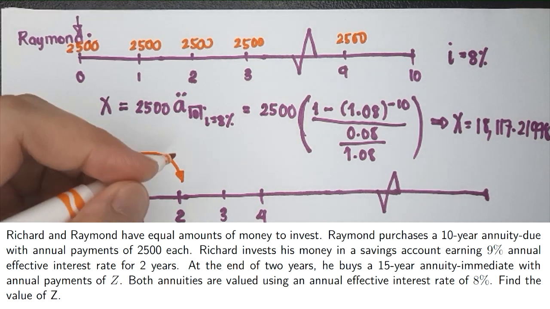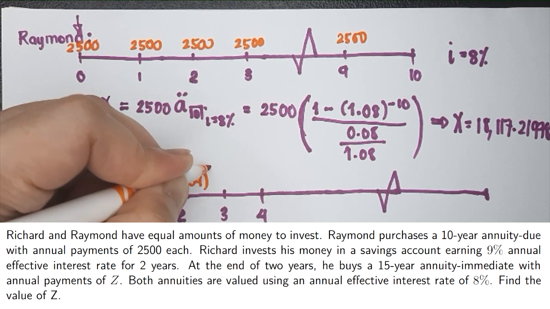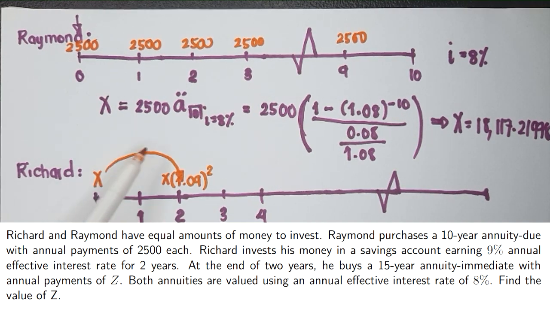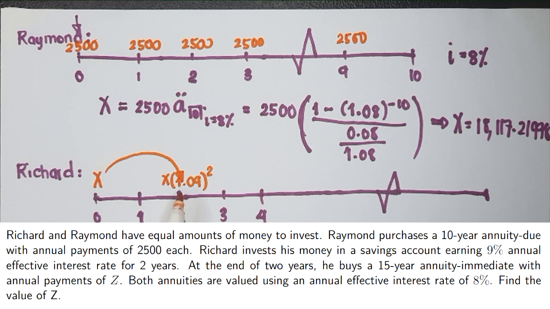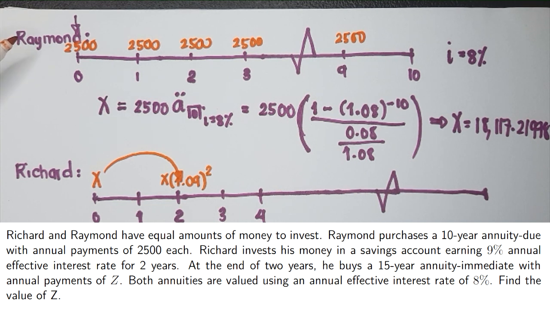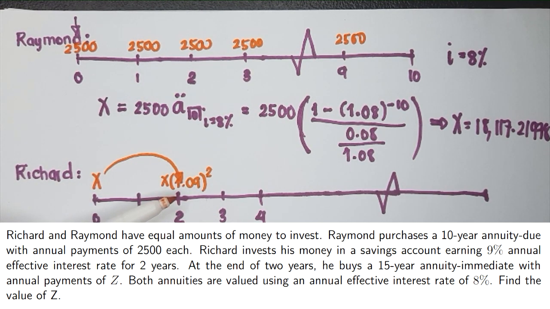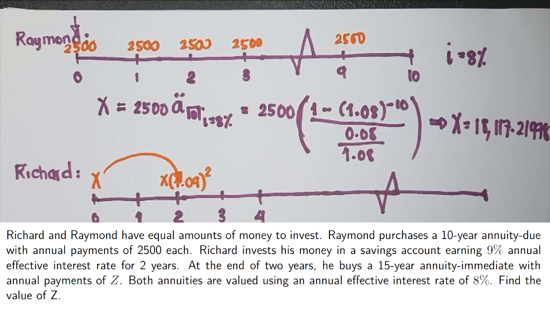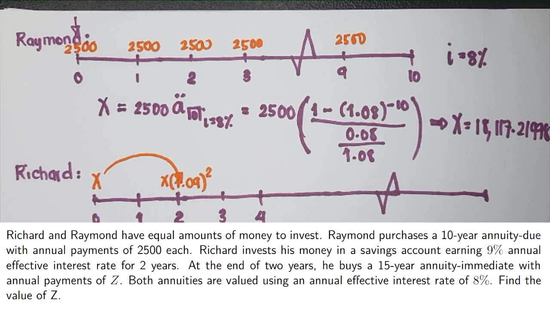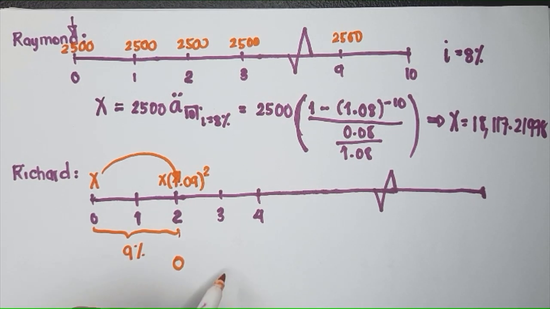To what amount? Let me write here: X times 1.09 squared. Right? Compounding. And then what did he do with this money? He used it to buy a 15-year annuity immediate with annual payments of Z. So while Raymond bought the annuity due right away at time 0 with payments of 2,500, Richard first put it in the bank so his money grew, and then bought a 15-year annuity immediate with payments of Z. If you are here, this is time 0, then time 1, time 2, like that.